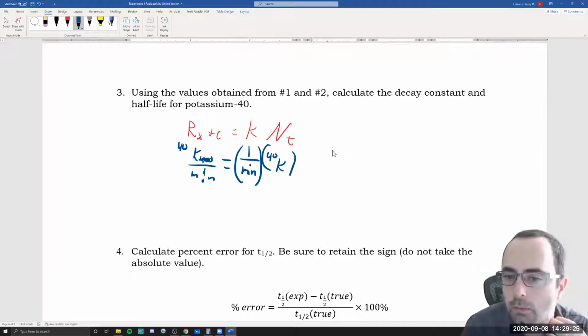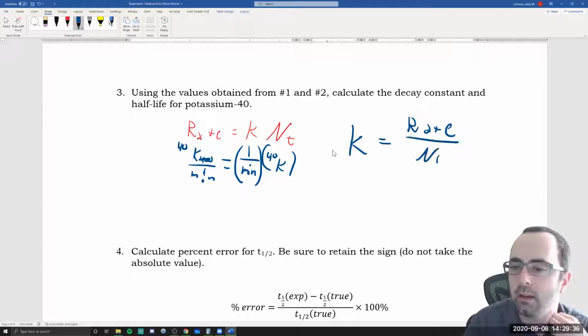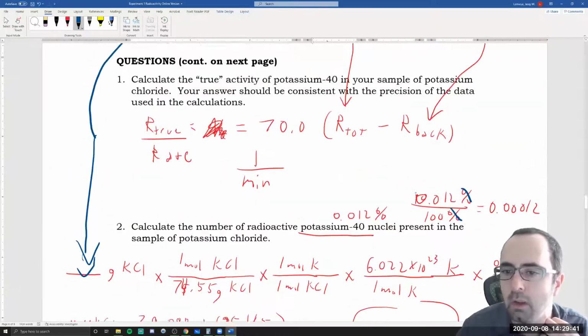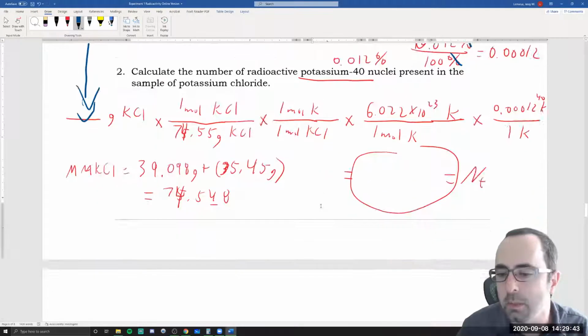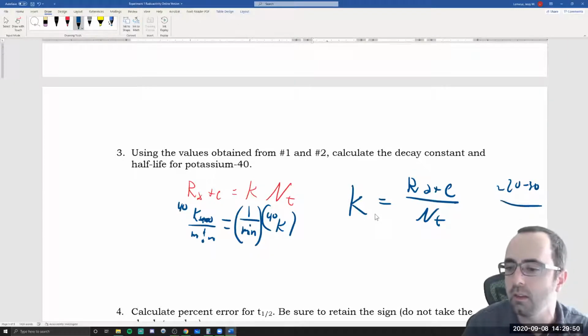Here, to calculate K, we have K equals the rate over N_t. And N_t is going to be a very big number. The rate is going to be small, like 20 or something, about 20 to 30-ish. And N_t is going to be times 10 to some kind of big number, I think 14 or 15-ish.